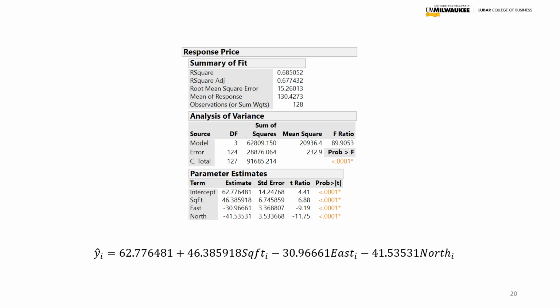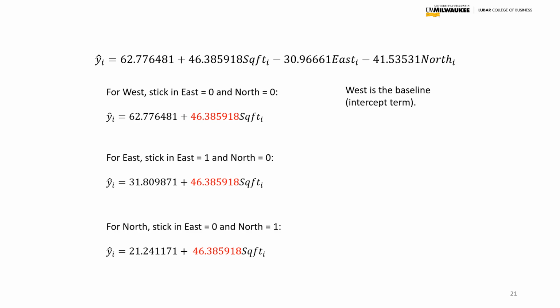Here is the fitted model based on the noted X variables. Let's take the multiple regression shown on the previous slide and break it down. For a house in the west neighborhood, we would stick in 0 for east, 0 for north, and we get 62.776 plus the 46.385 times square footage.